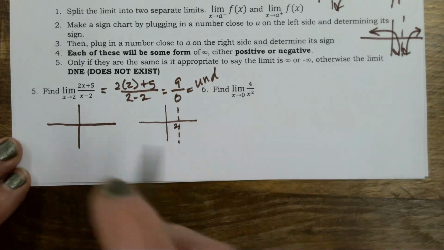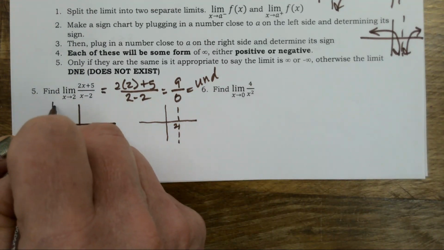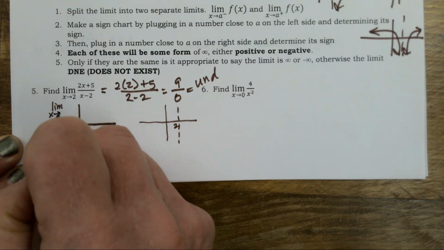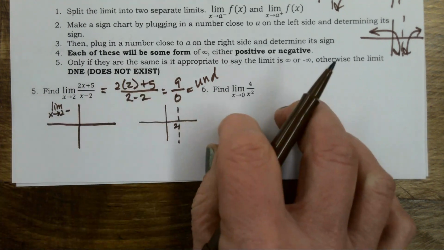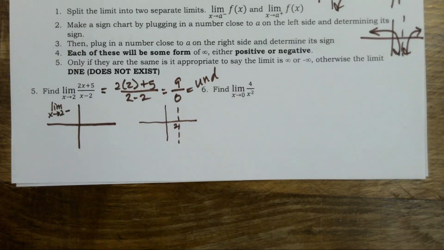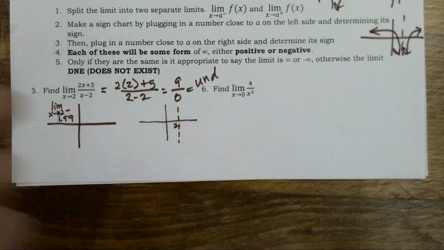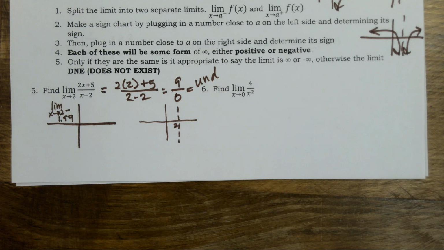And I want to do the limit as x approaches 2 from the left. So I want to just look on the left-hand side, which means I'm going to plug in something a little bit smaller than 2. 1.99 will do. Agreed? A little bit smaller than 2? It's good enough. That's close enough.